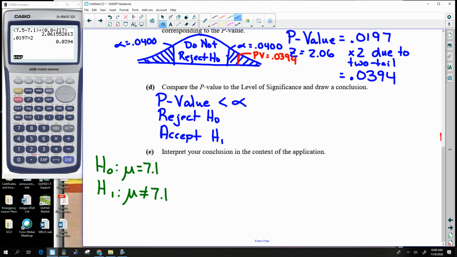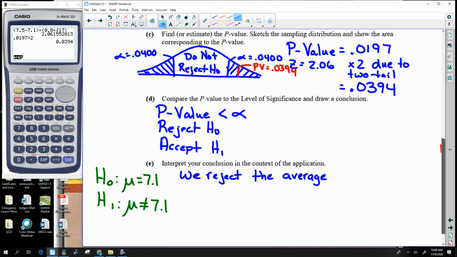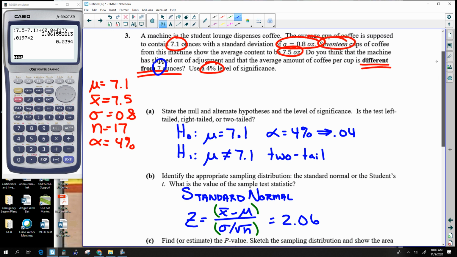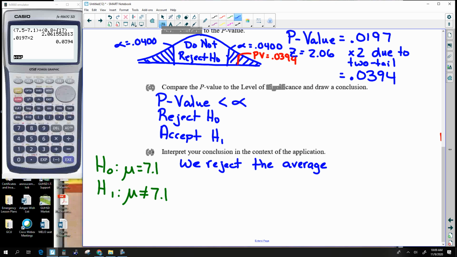So we reject H0, accept H1. So we reject H0, which is the average, again, coffee dispensed or something like that.